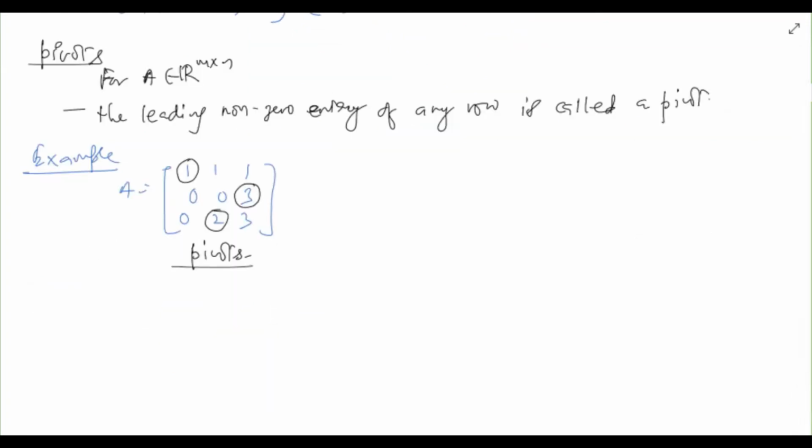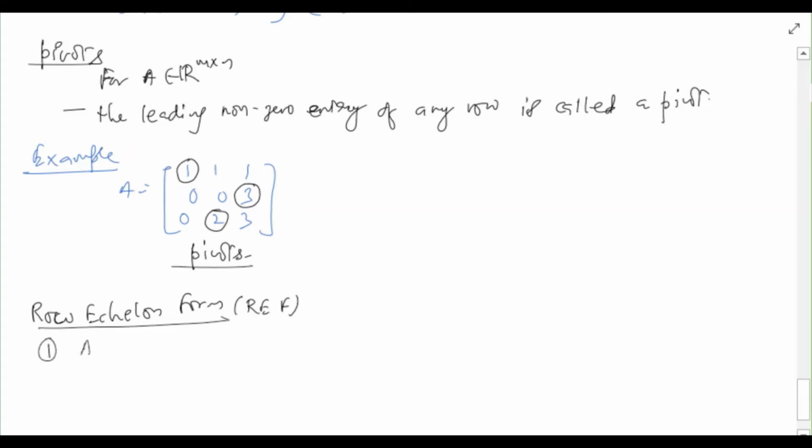Next, a matrix is called in row echelon form, in short REF, or simply a row echelon matrix, if the following two conditions are satisfied.